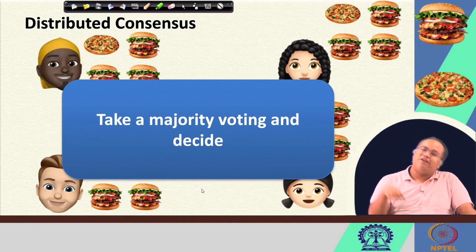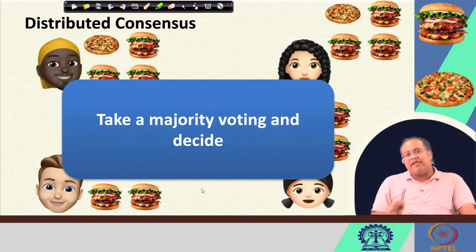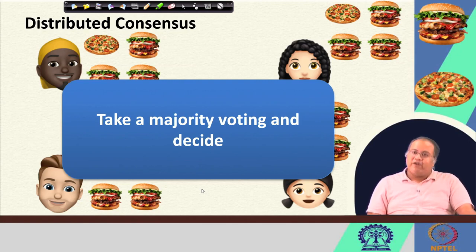But if you want to go the distributed way, just think how many phone calls you need to make. Here, first of all, everyone has to make 3 phone calls. I have 4 persons, so I need at least 4 times 3, that is 12, different phone calls. After 12 phone calls you make a decision.